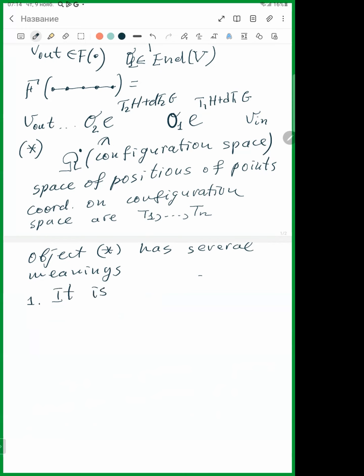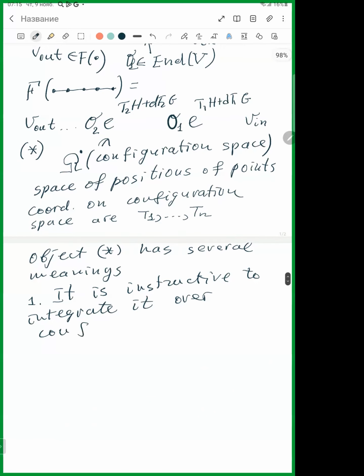Since it's a differential form, it is instructive to integrate it over configurations. Actually, that's what we do with differential forms. We integrate them over something.